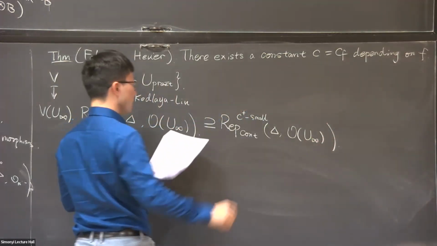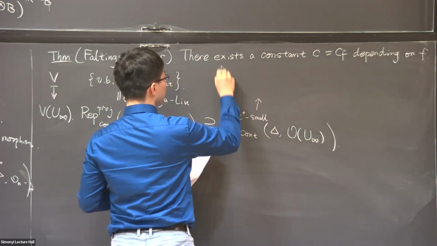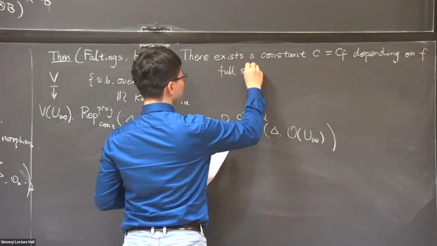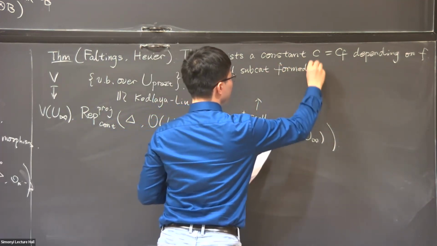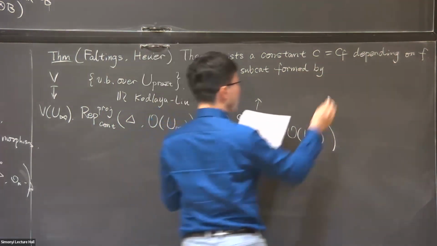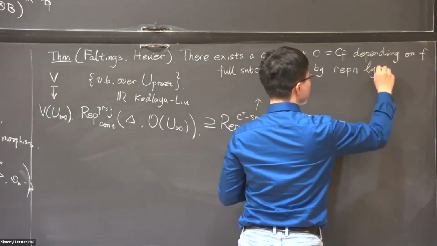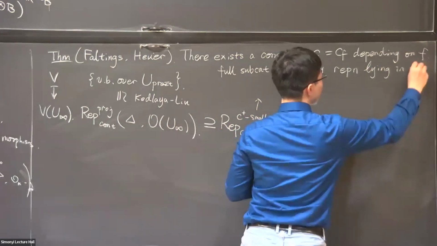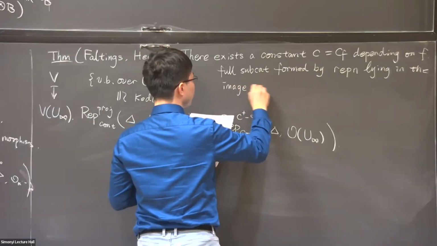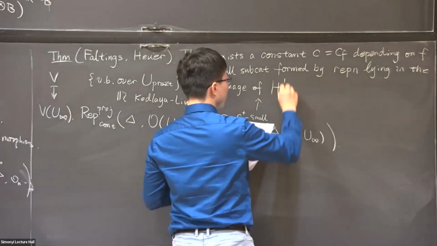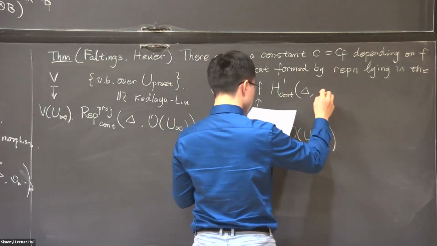This is just the full subcategory formed by objects, whose isomorphism class lies in the image of the continuous Galois cohomology of Delta.